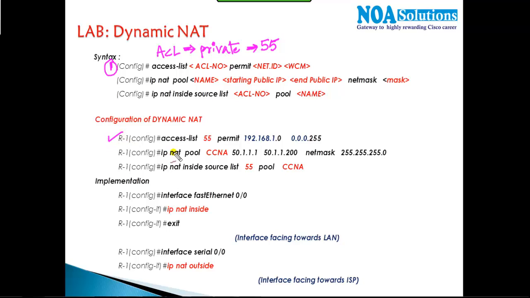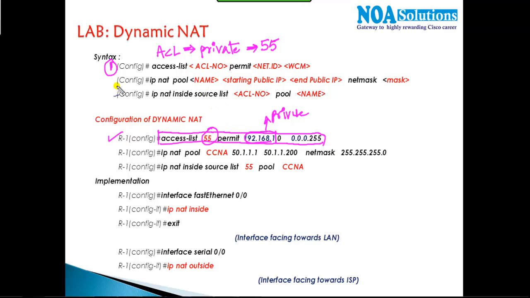I'm going to write access-list 55 permit 192.168.1 network. So I'm defining that anything starting with 192.168.1 is one of my private IP addresses, identified with the ACL number 55.